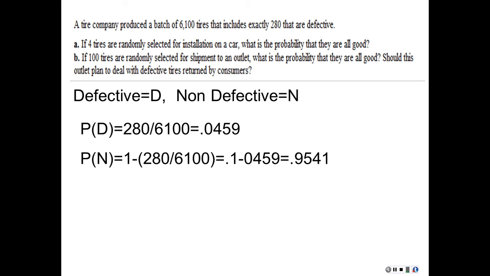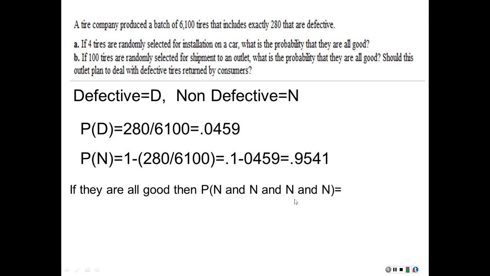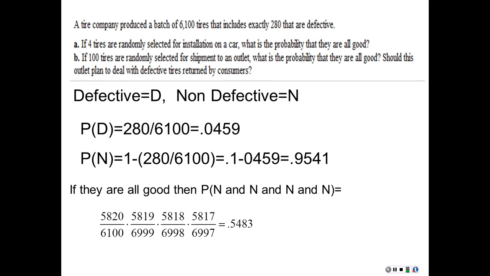Our next step is to find the probability that they're all good. That means we're multiplying, and it's a dependent event, so each time the probability is going to change. So we multiply 5,820 divided by 6,100, and the numbers go down by 1 each time.